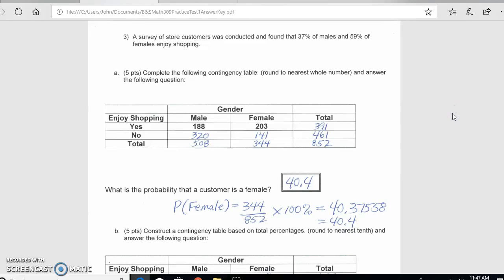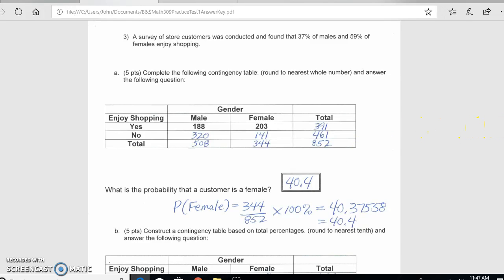This is practice test number 1, and in this video we are working on problem 3, letter C. In one of the previous videos on problem 3A, we filled in this contingency table under 3A, and we're going to be referring back to this table from 3A to answer the questions on 3C.